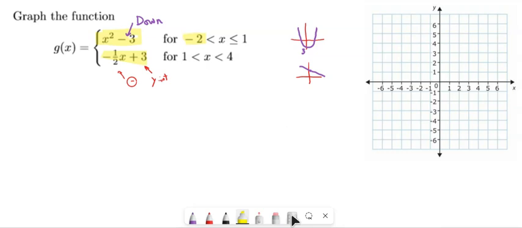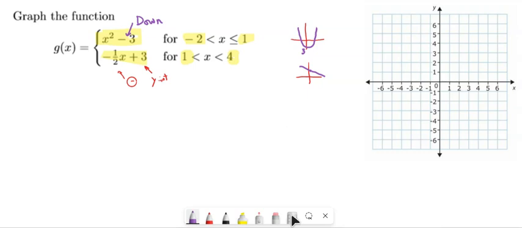So we have the g of x, which is x squared minus 3, going to start from minus 2 and end at 1, and those are the values of the x's, so you are required to find the y's as well. And likewise we have minus 1/2 x plus 3, which is a line. You're going to start from x equals 1 and end at 4.